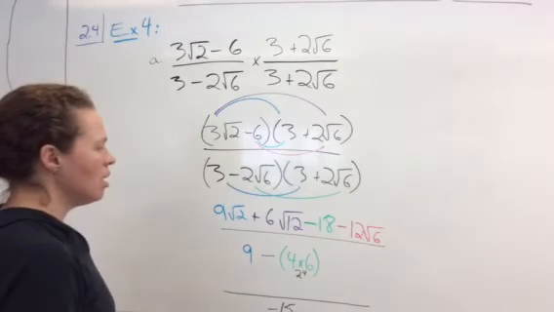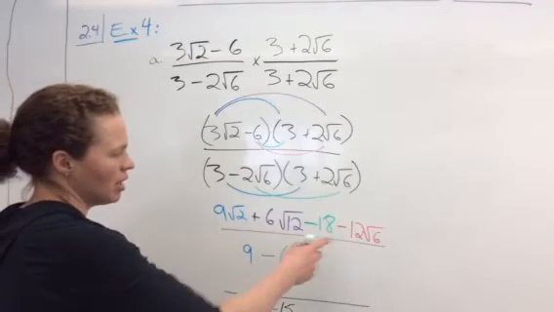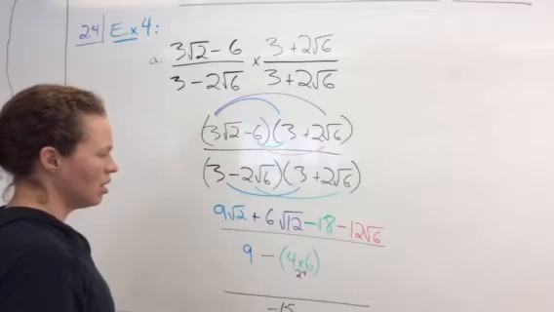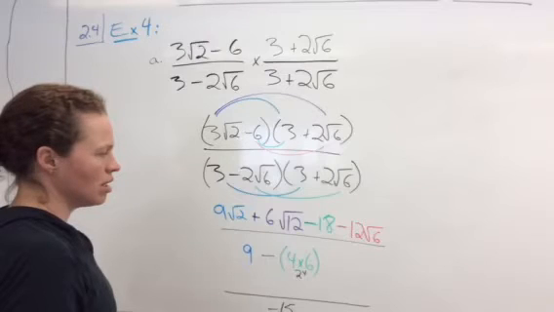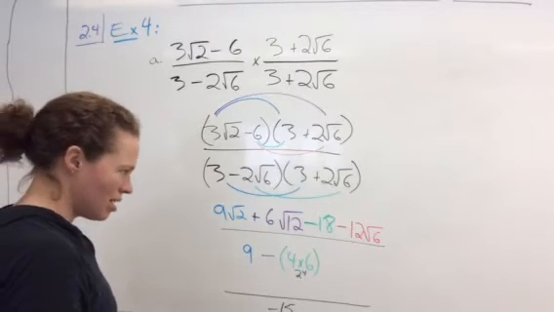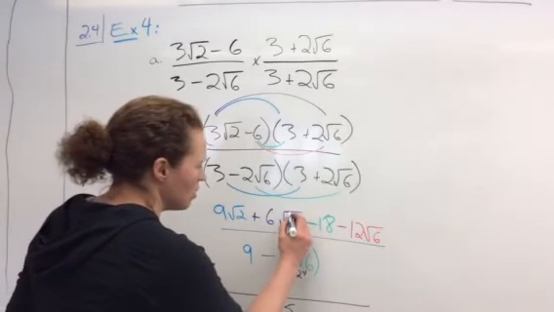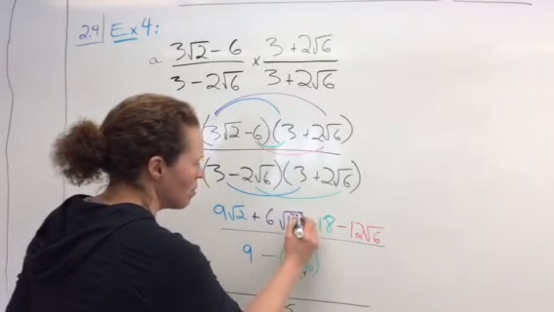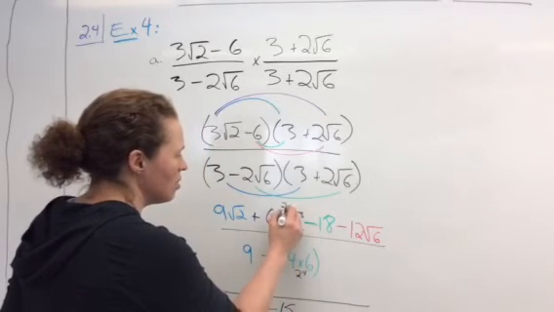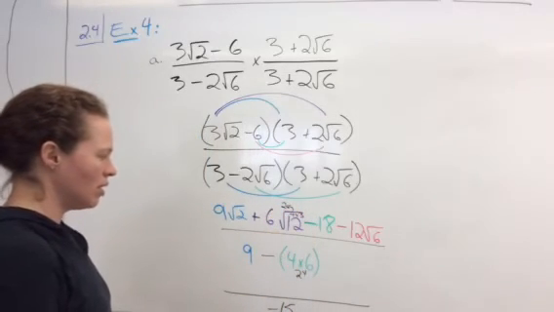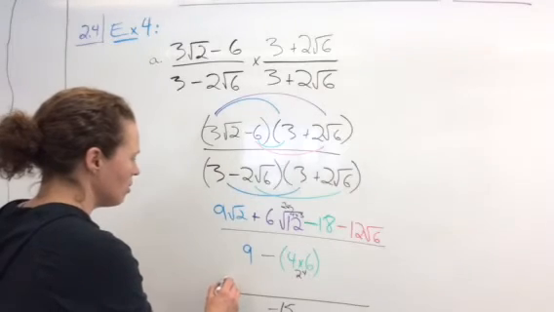That's done. I'm going to look up here and ask myself if there's anything I can simplify, and it doesn't look like there is. But if I look at the 12, I know that the 12 is actually 4 times 3, so I'm going to take that 2 out of there that I would have solved before.